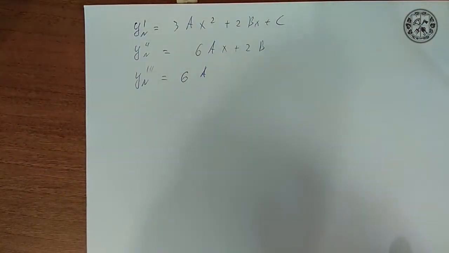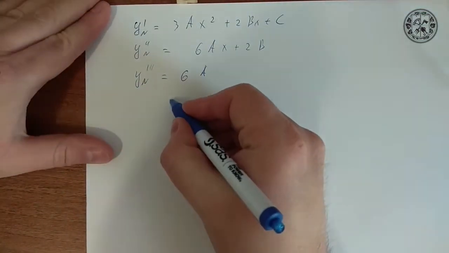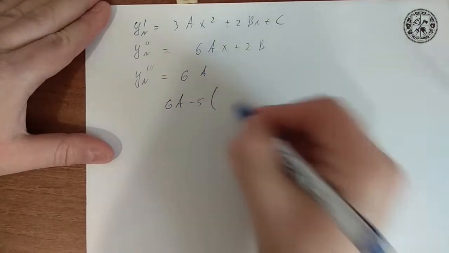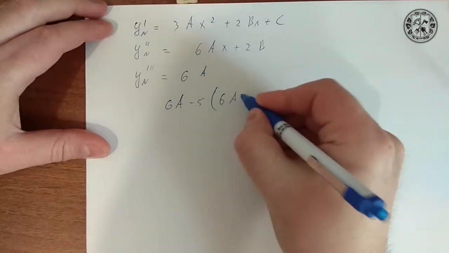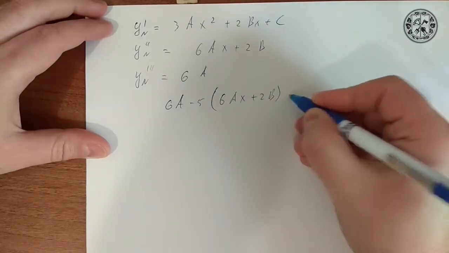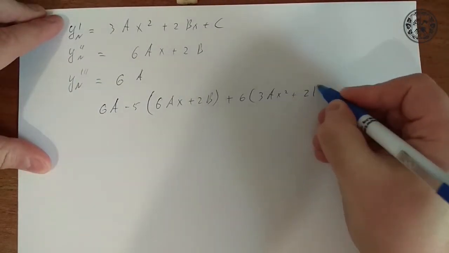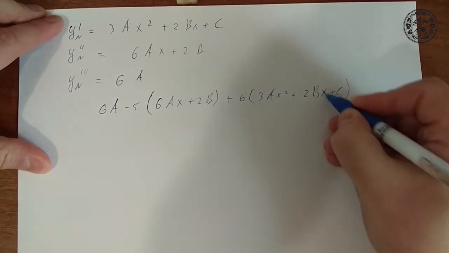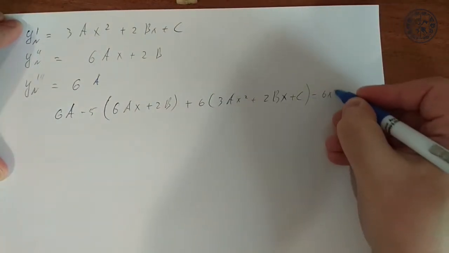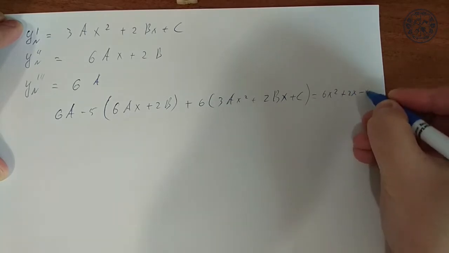Substituting this into our initial equation will give us 6a minus 5 times 6ax plus 2b plus 6 times 3ax squared plus 2bx plus c equals 6x squared plus 2x minus 5.